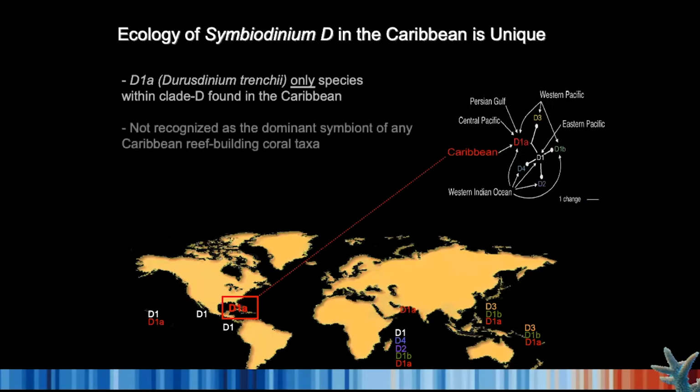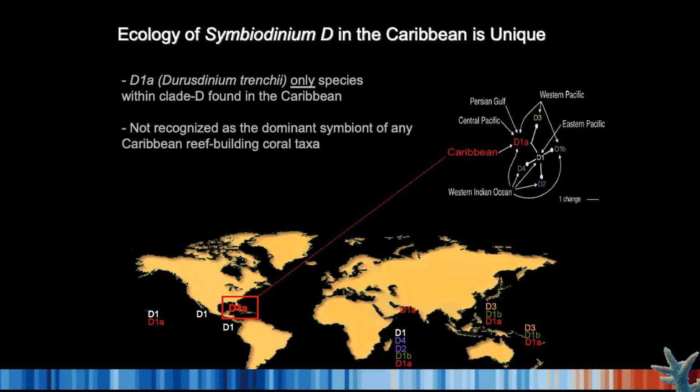And what's interesting is it's not recognized as the dominant symbiont of any coral taxa that's not stressed. In other words, if you go to a reef and the reef doesn't appear stressed, you will not find D1A as the dominant symbiont unless it's residing there from a previous stress event. Because it turns out it takes almost 2 years for the populations to revert back to normal.